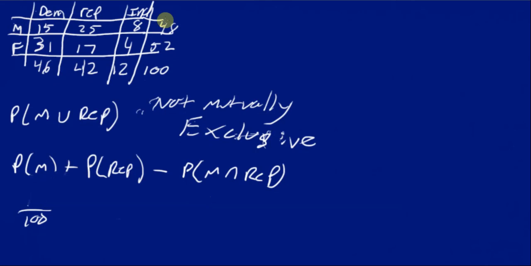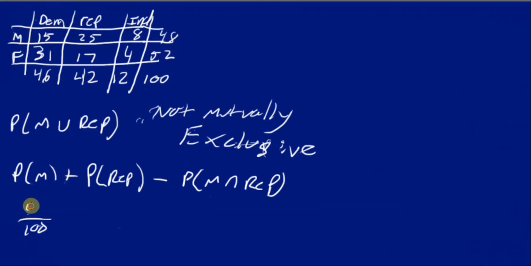All right, so we're looking for the probability of male. So we've got males totaling 48 out of 100 total. So this is 48 out of 100. Plus Republicans. Well, look at the Republican column. We've got a total of 42 Republicans, and that's out of 100 total also. Minus off now, where are they Republican and male? Again, where the row and the column cross, I have 25 male Republicans that I need to subtract off.